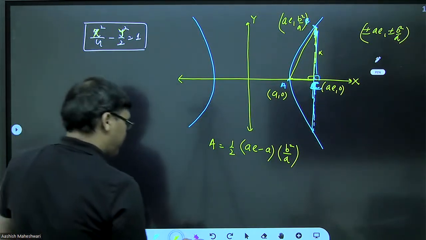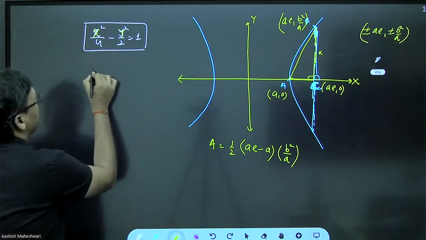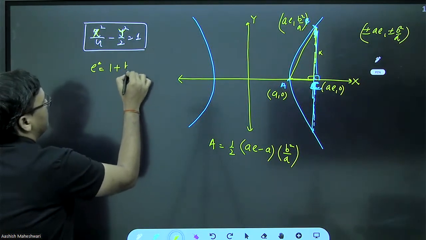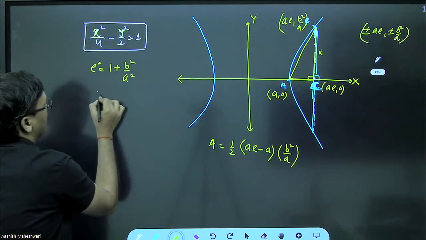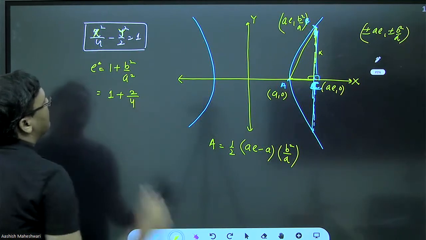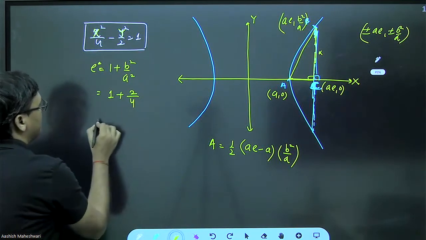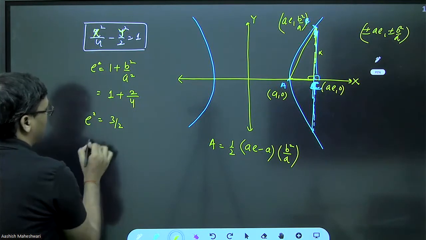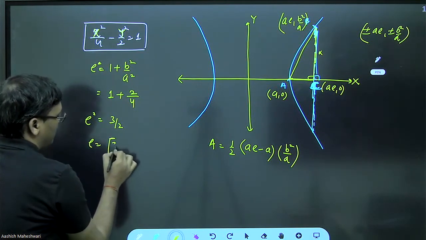What is the eccentricity? E square is 1 plus B square by A square, right? So this is 3 by 2, so E is equal to root 3 by 2.